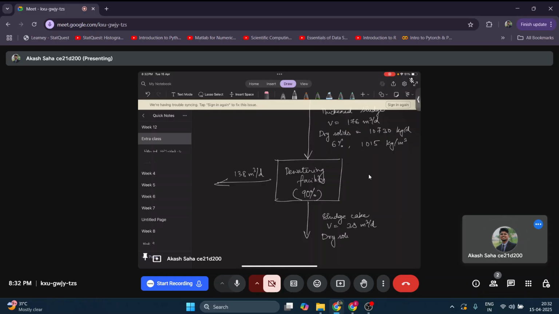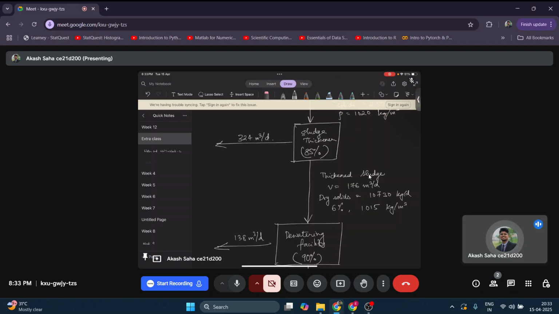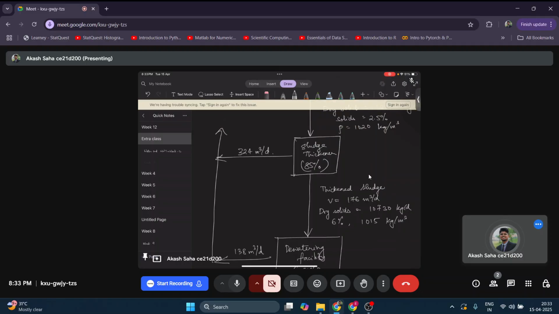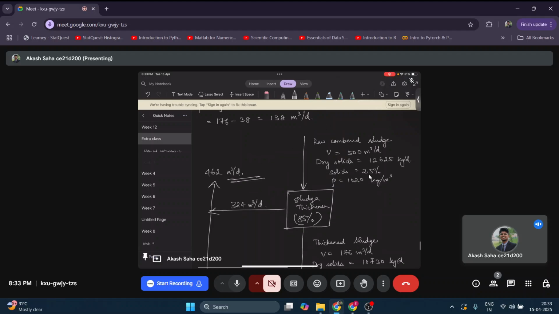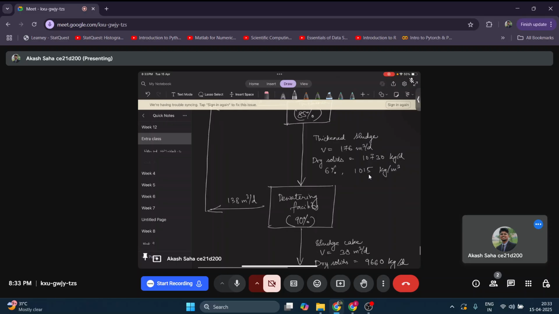Dry solids of 9660 kg per day, and 25% solids with a density of 1020 kg per meter cube. Okay, and the total flow from the side streams and everywhere will be around 462 meter cube per day. Because this is the overall diagram, right?